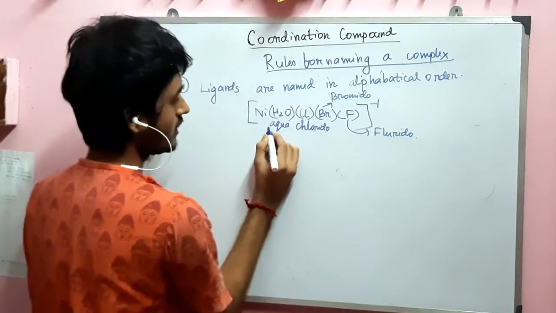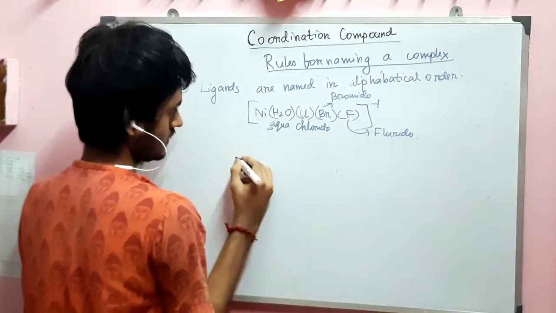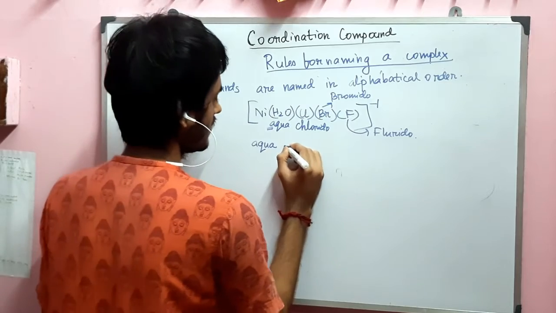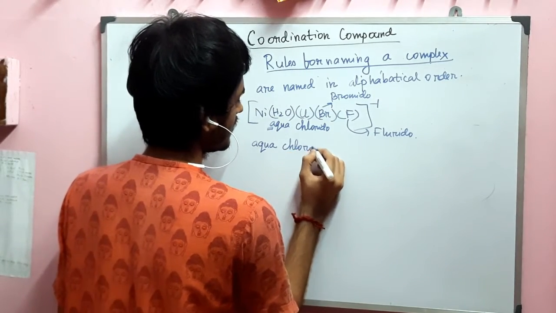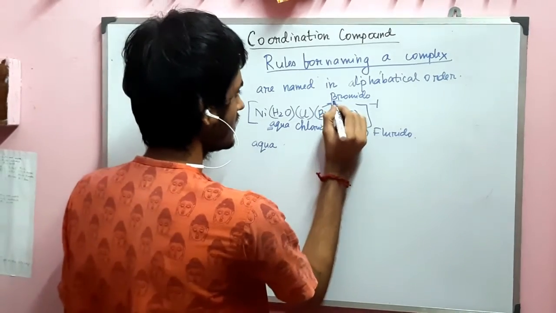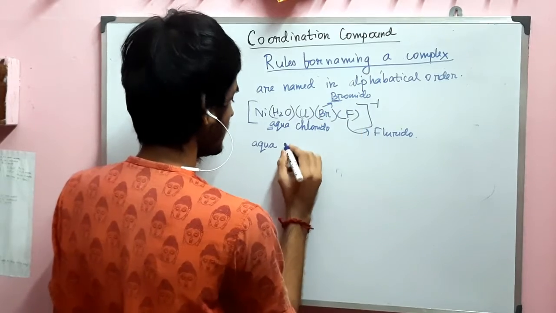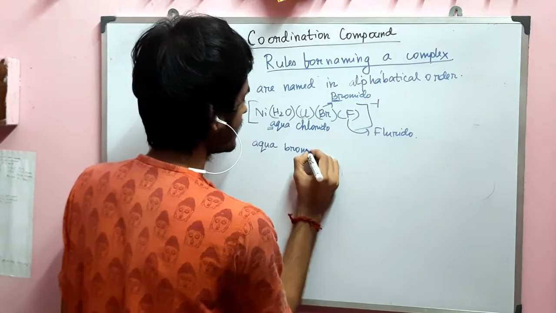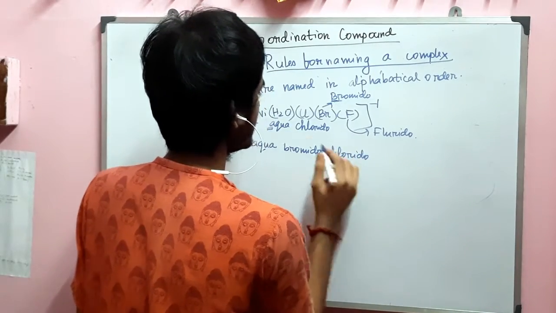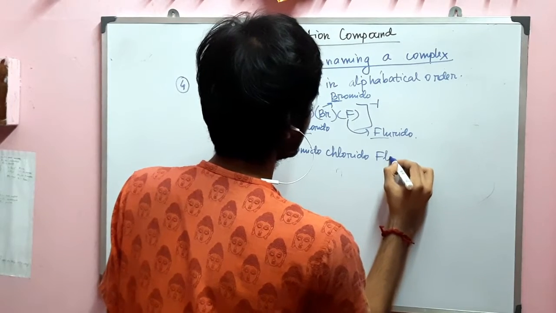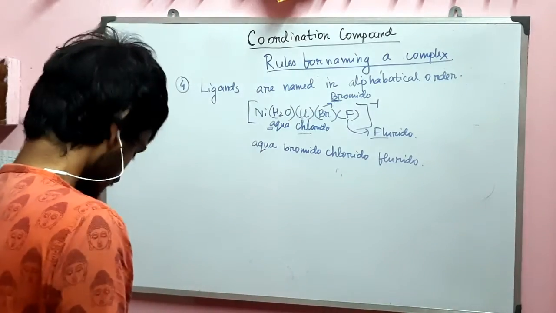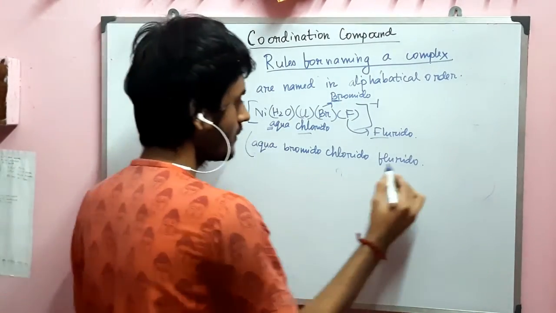So first we will take aqua because aqua starts with A, then B, bromido, then C, chlorido, then fluorido. So you can see here we are naming in alphabetical order.